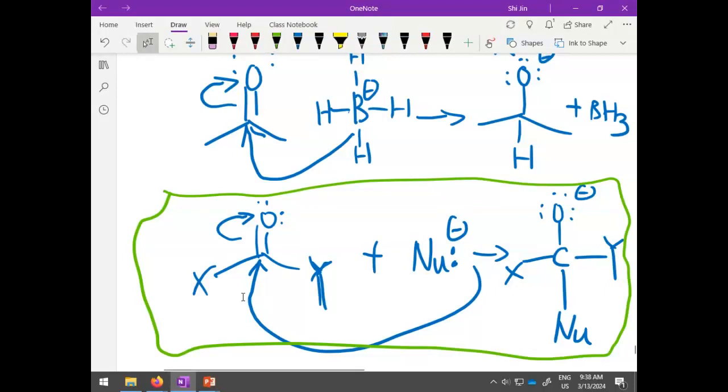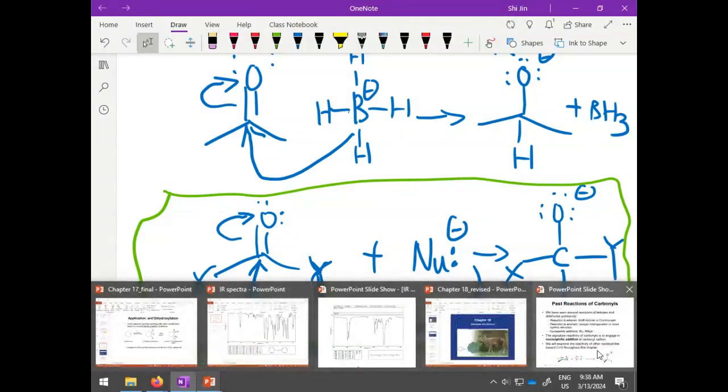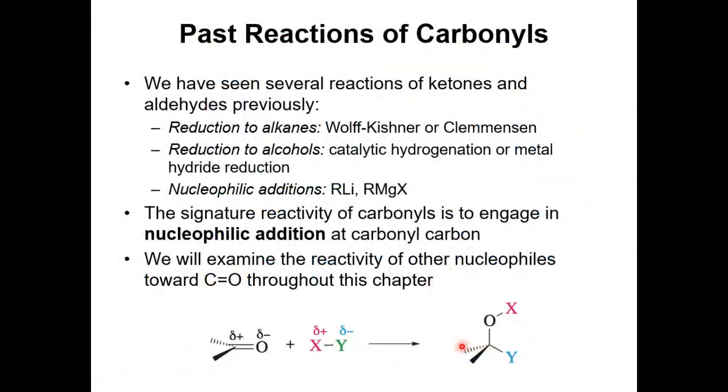So in many reactions that involve this step, it is often the rate limiting one. And we will examine this kind of reaction in a formal manner, thoroughly, throughout this chapter.